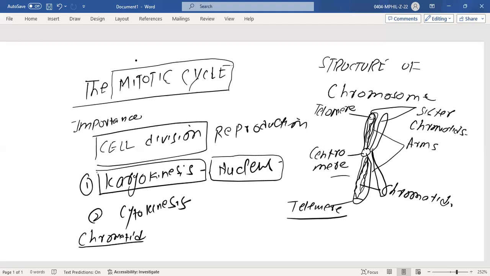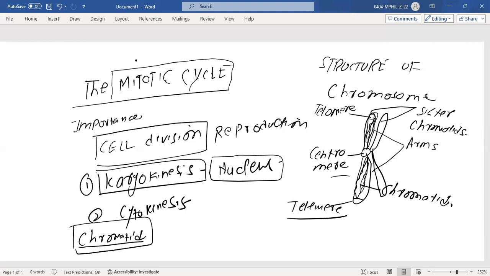Each chromatid is made up of a DNA molecule, and each DNA molecule replicates before cell division to form identical copies. So this chromatid is the condensed form of that DNA.